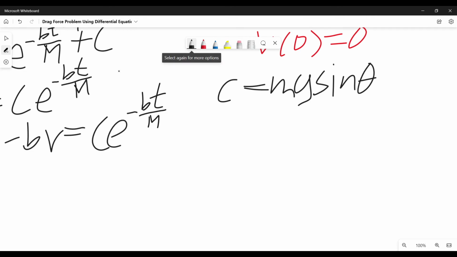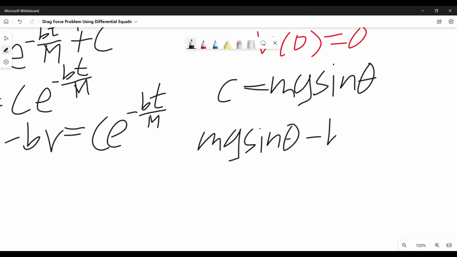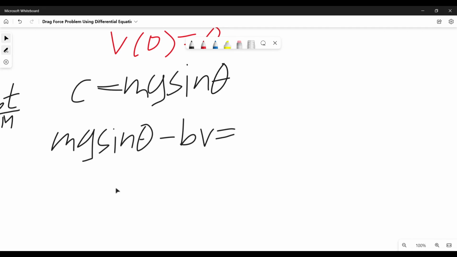And we are finally almost done. Since we know that c equals mg sine theta, let's write our solved differential equation once again. Negative bv equals, instead of c e to the negative bt over m, we do mg sine theta e to the negative bt over m. So there we go.